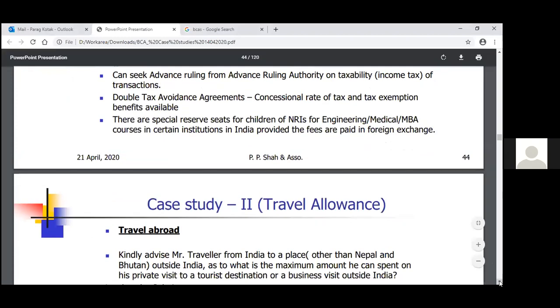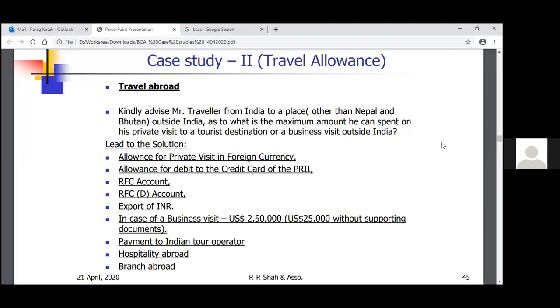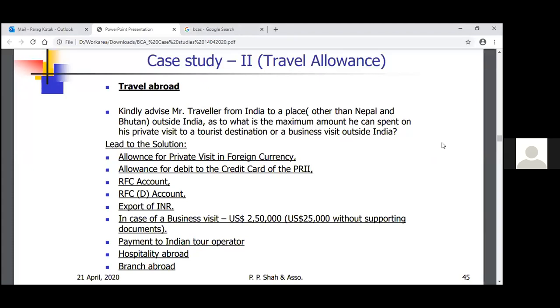Case study 2. This is a very simple case study, but what I try to cover here is that when we travel abroad for either tourism or business purposes, we are stuck with the idea that $250,000 is the only limit which we are able to utilize.